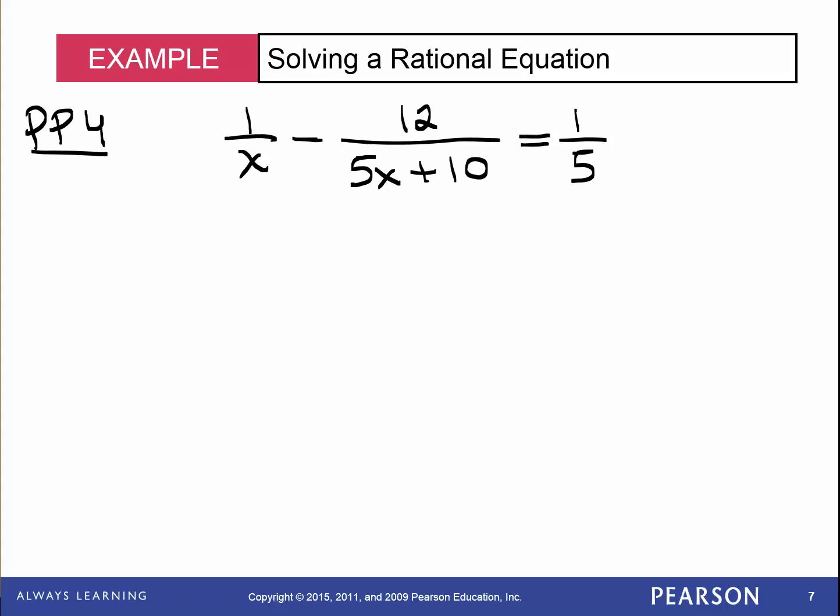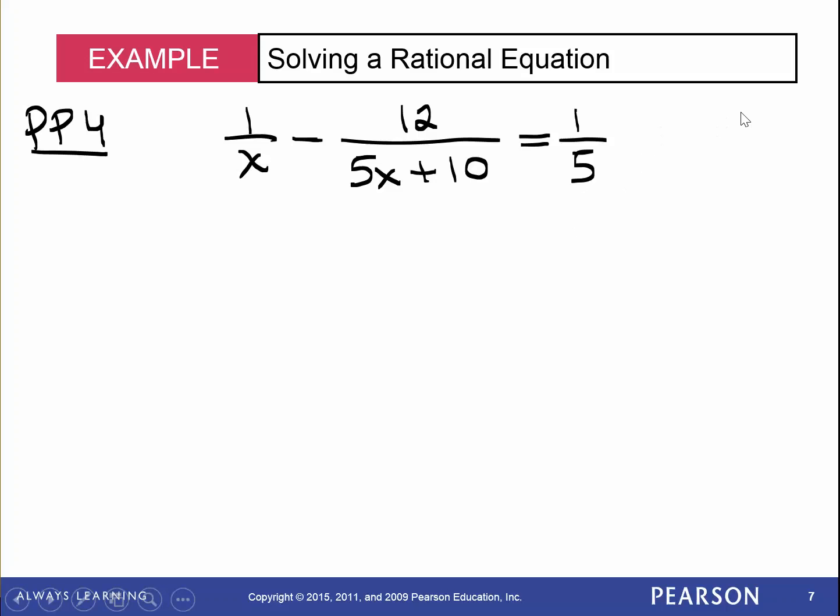Okay, there's 2 different ways to do this here. The problem that we have here is the domain issue. Remember last time we talked about domain? When do we have domain problems? When we have a fraction, right? And the other domain problem is when we have square roots. In this case, it's the first one.